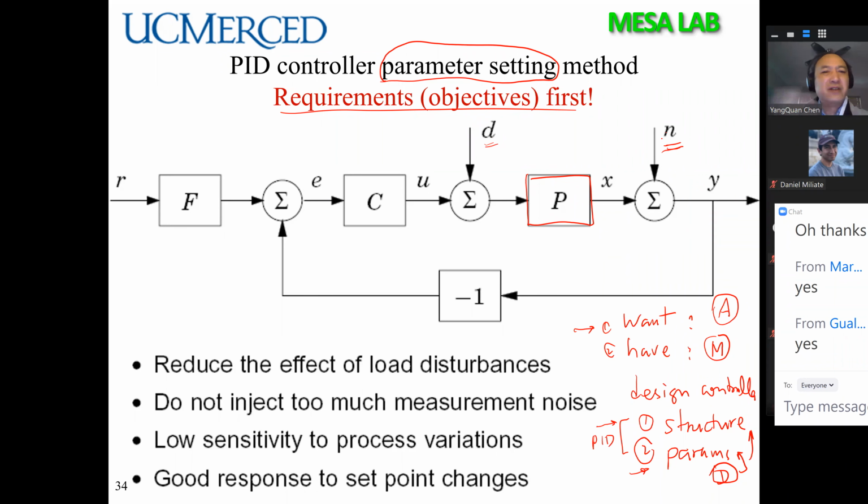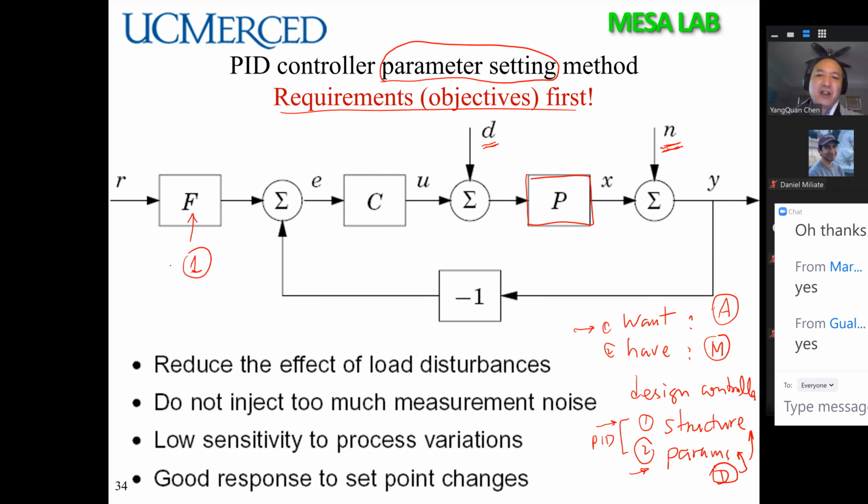So the torque disturbance versus the measurement noise in the measurement. So this is a feed-forward filter. You just think about this as one.